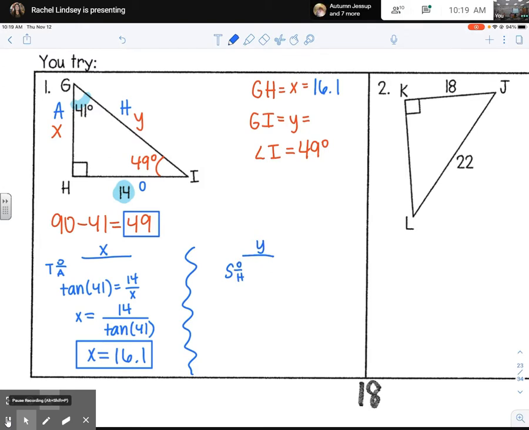So we'll have sine of 41 equals opposite 14 over hypotenuse y. Why is the opposite 14? I was just saying opposite over hypotenuse: opposite, which is 14, over hypotenuse, which is y.